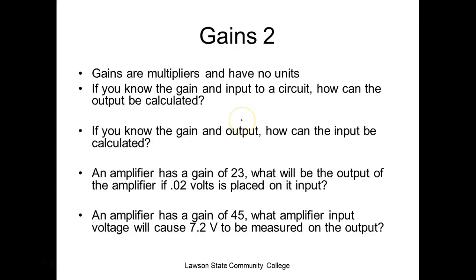Well, if gain is equal to out over in, we can put it inside that magic wheel that we learned. Out would be equal to gain times in. In would be equal to out divided by gain. And of course, gain would be out over in.